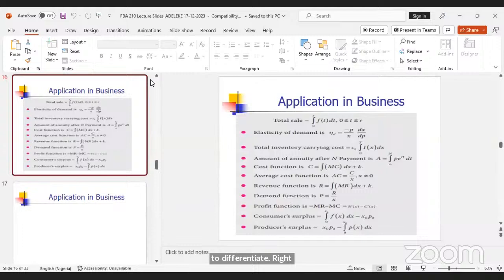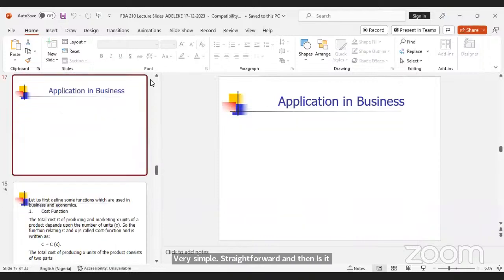So the table that I'm displaying here, that you can see on the screen, summarizes everything that we will be doing. That's why I said this course is actually one of the easiest courses that you'll be doing this semester. Very simple, straightforward, and easy to apply.